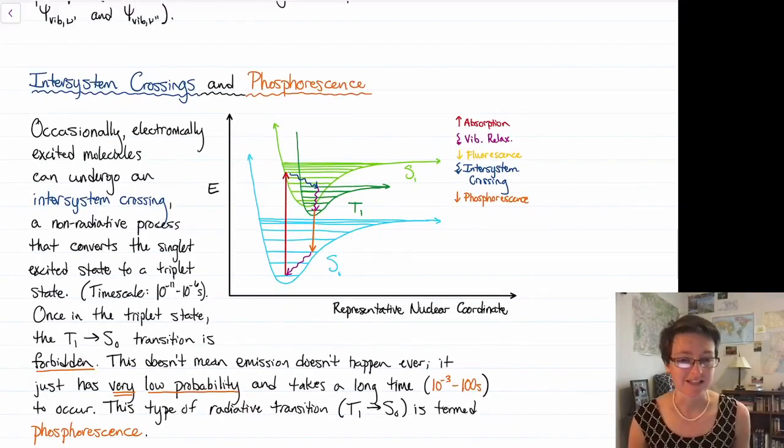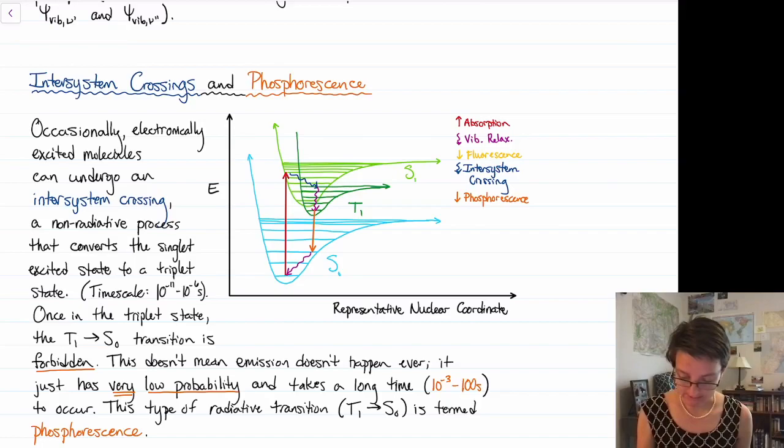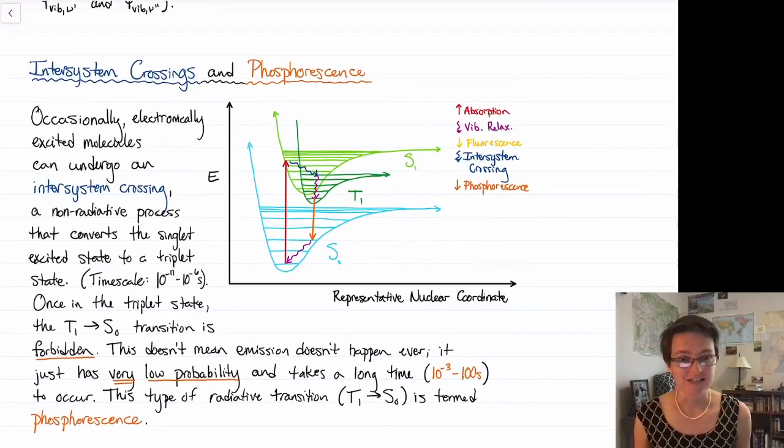Once we're in the triplet excited state, we're kind of stuck because going back to the singlet ground state is now a forbidden transition. That doesn't mean that this process never happens, it just has a very, very low probability. And consequently, the radiative process called phosphorescence, whereby we undergo a triplet to singlet conversion, takes a long time.